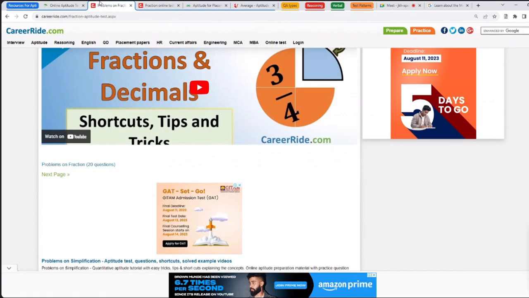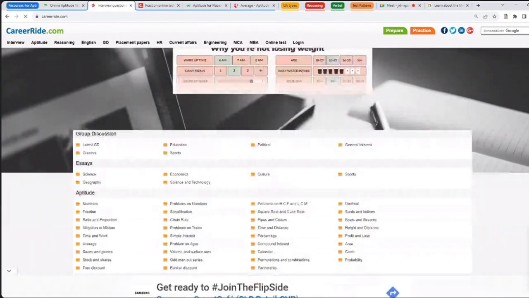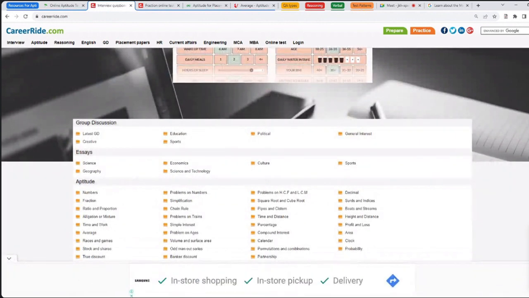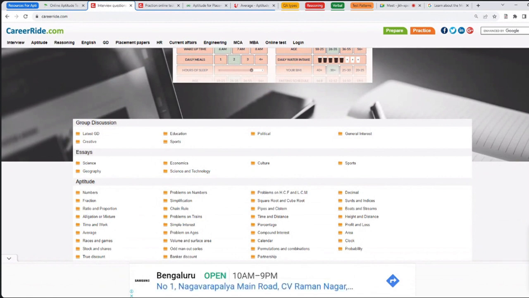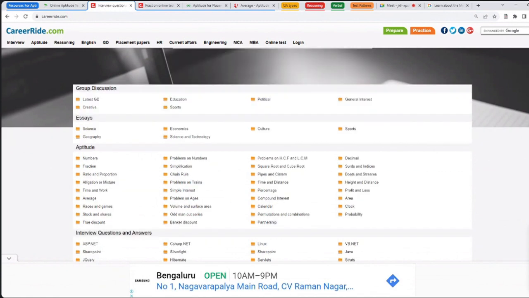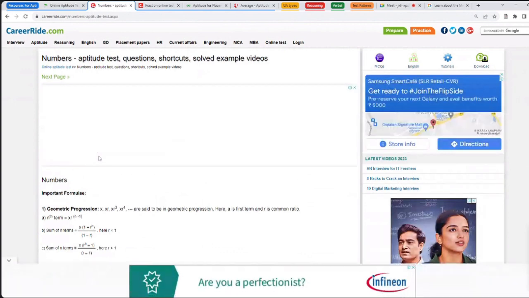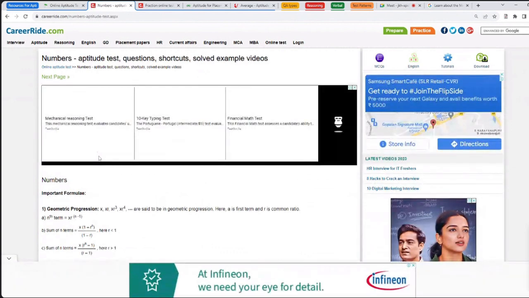Coming to the second one, it is careerride.com. This is the second most used resource, where they have all sorts of topics, just like indiabix.com. But the advantage is that careerride.com provides explanations even in videos.